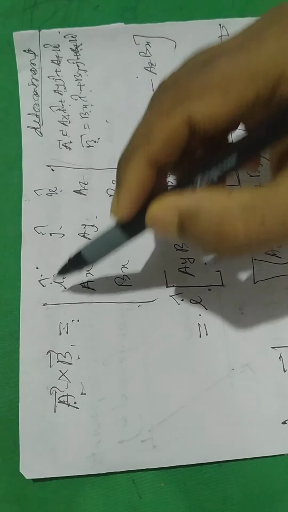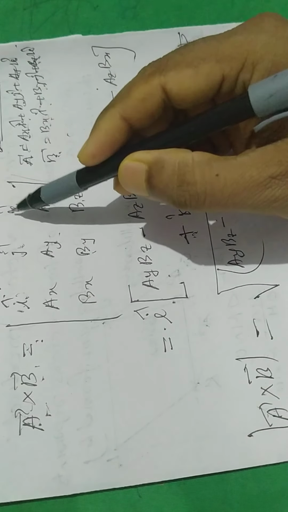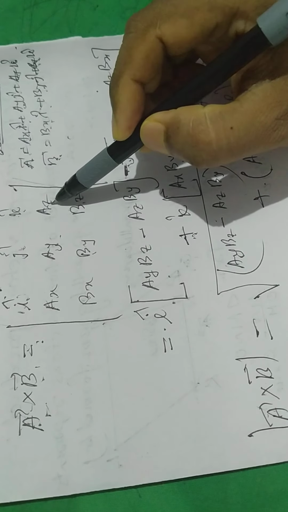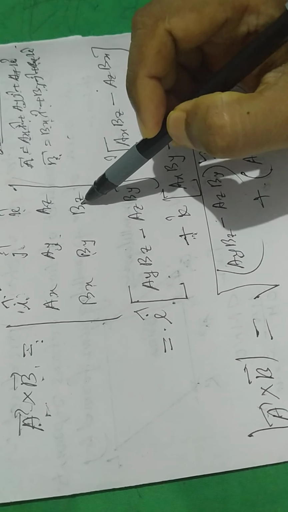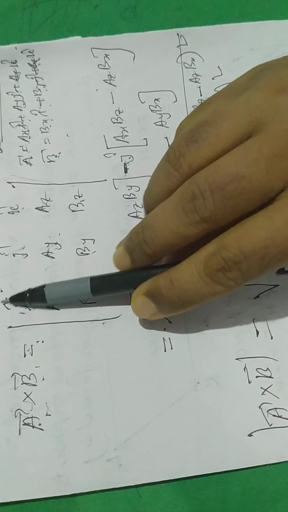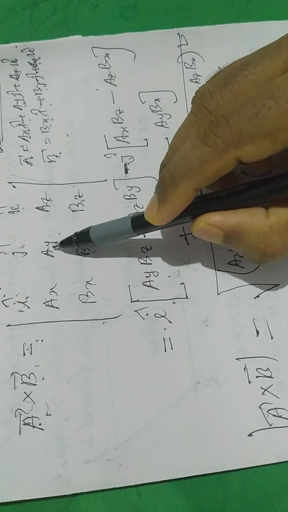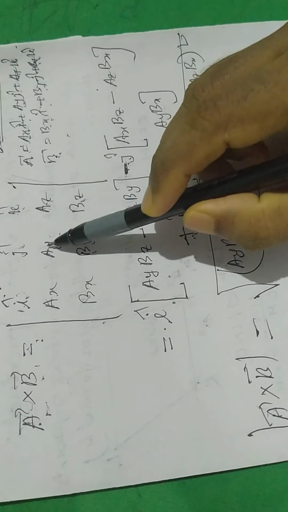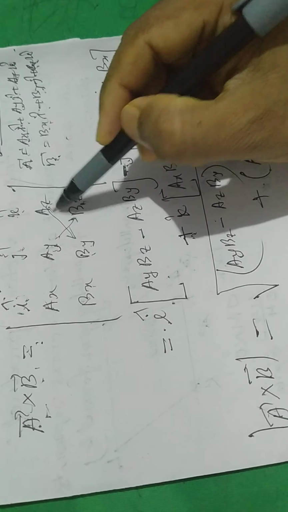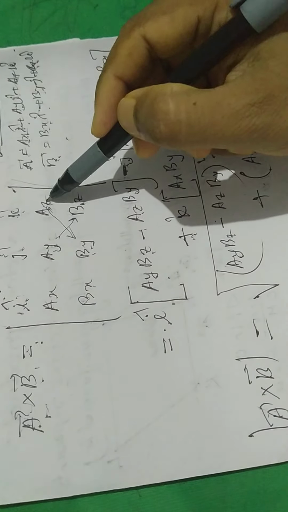After that you write I cap, J cap, K cap, then the coefficients AX, AY, AZ, then BX, BY, BZ. Then I cap: leave the first column and first row, you have AY, AZ, BY, BZ. Just simply take cross product: AY BZ minus AZ BY.